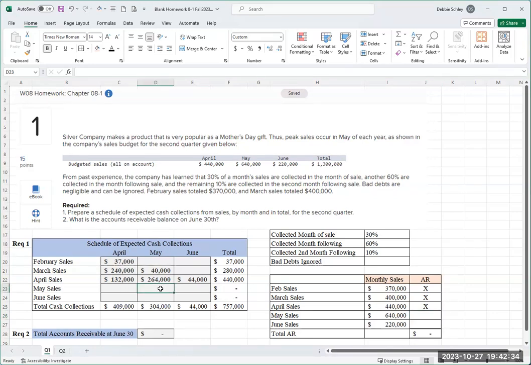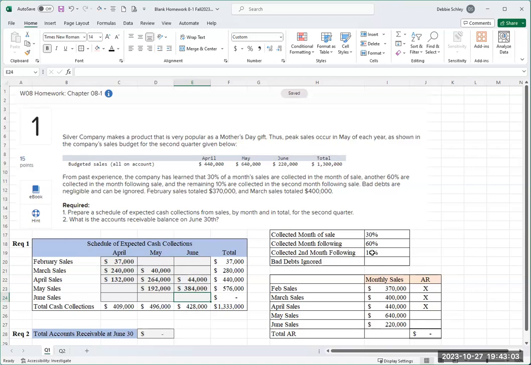Okay, May sales. April, we're leaving blank because May sales haven't happened yet. So May, we're going to do May sales times the month of, which is 30%. And then in June, May sales times the month following. And now we don't do anything more, because we are only creating this for April, May, and June.